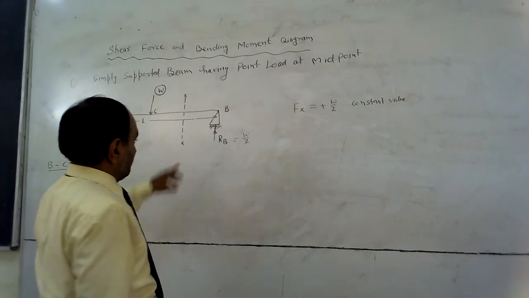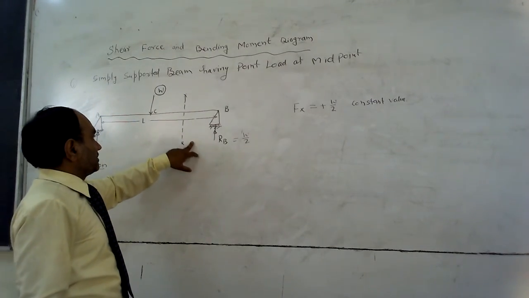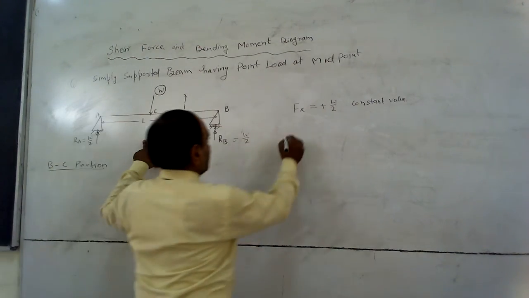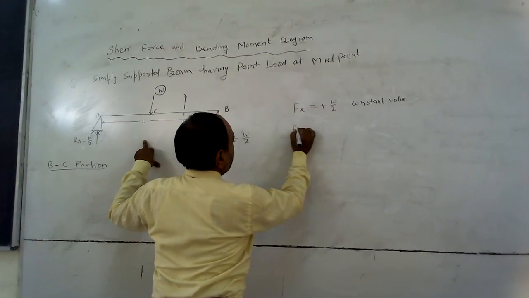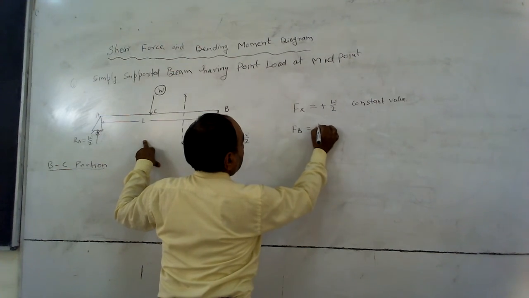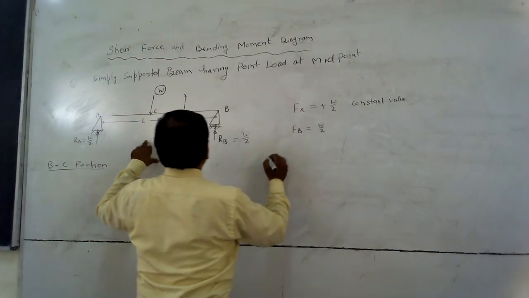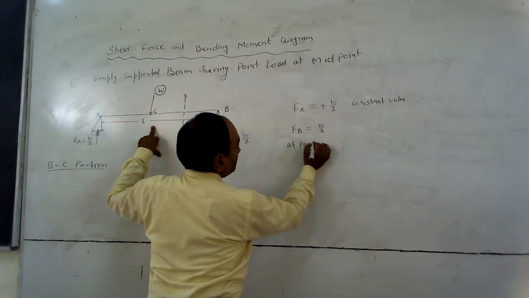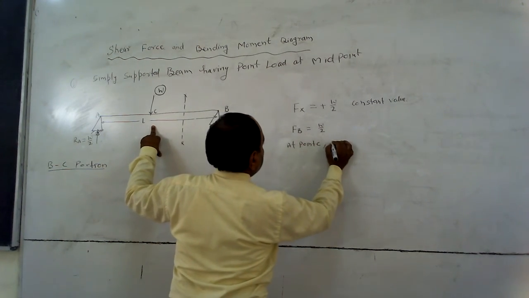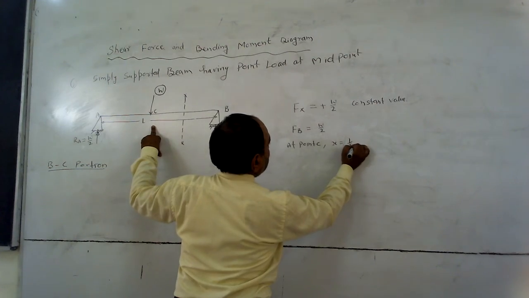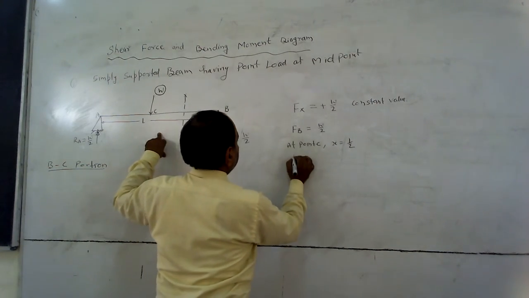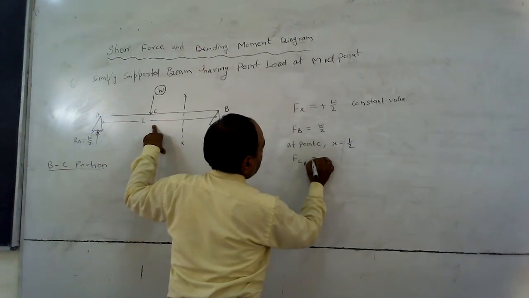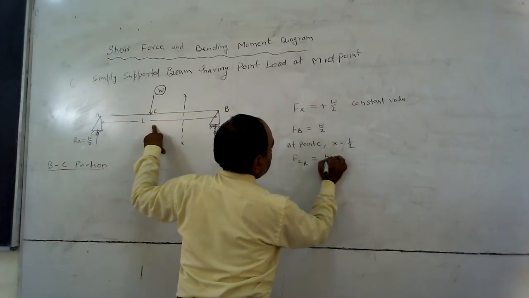It means the shear force between C and B will remain the same. At point B, Fb equal to W by 2. At point C, when x equal to L by 2, Fc right equal to W by 2.